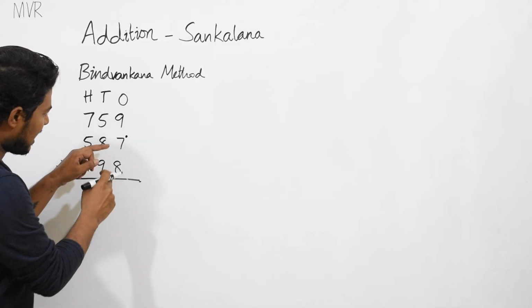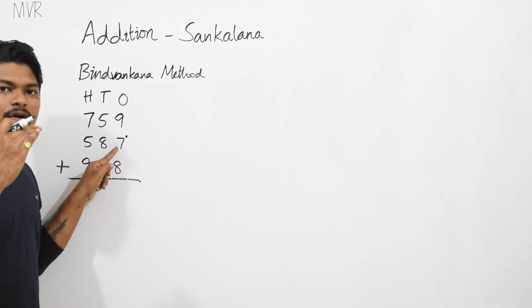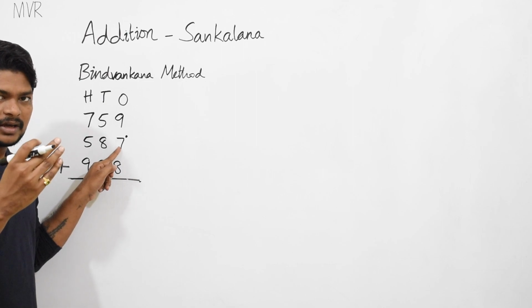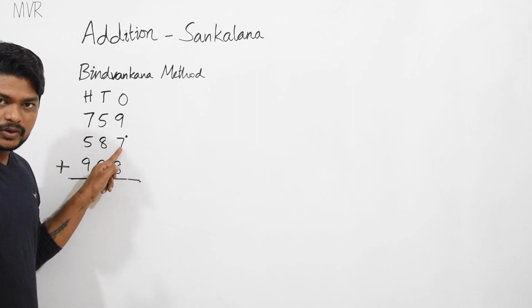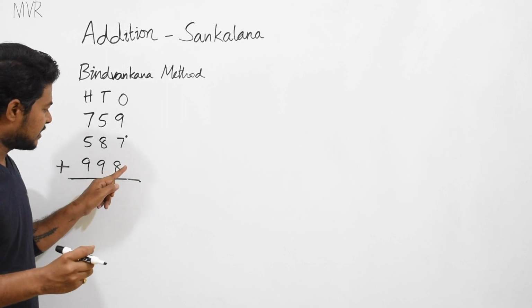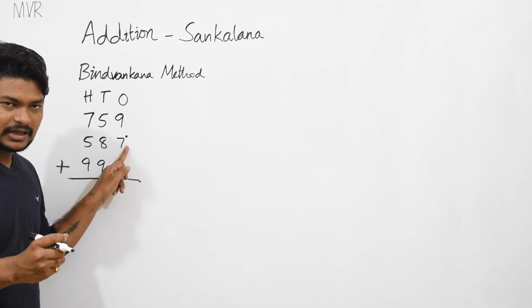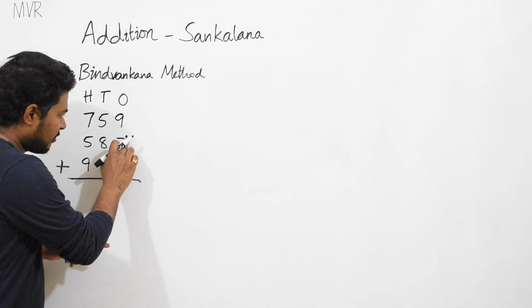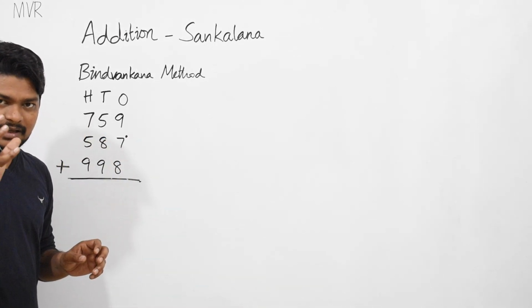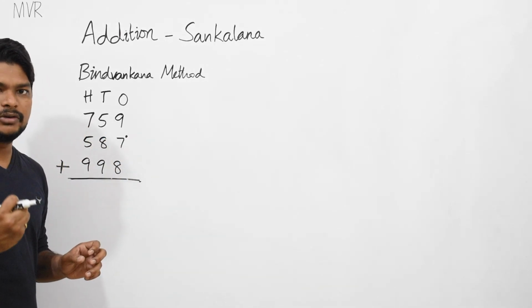Which means at this point it is crossing the tens sum. By how much it is crossing, you need to take the units value, that is 8 plus 7 is 15, 10 we indicate by dot, and the left part 5 which we need to remember.